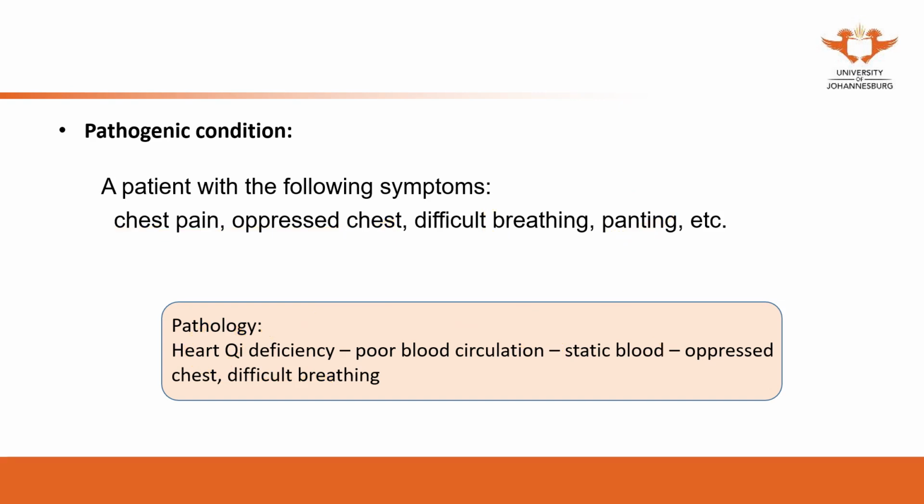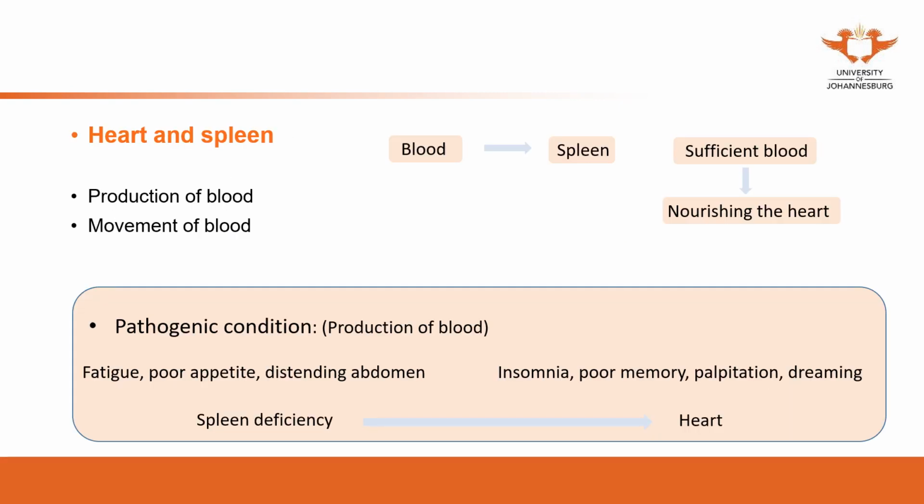So this is just one example of the pathological changes. The second is the heart and the spleen. So this will focus on the production or formation of the blood, and the movement of the blood.